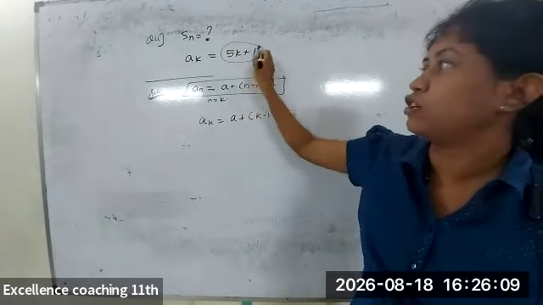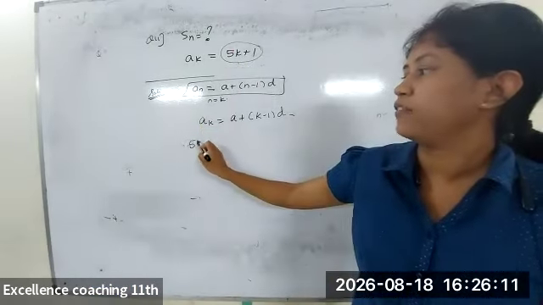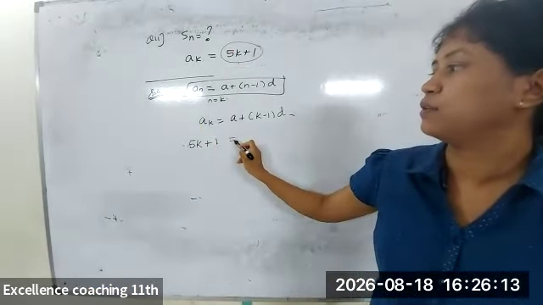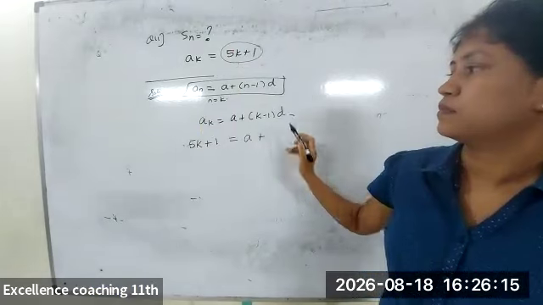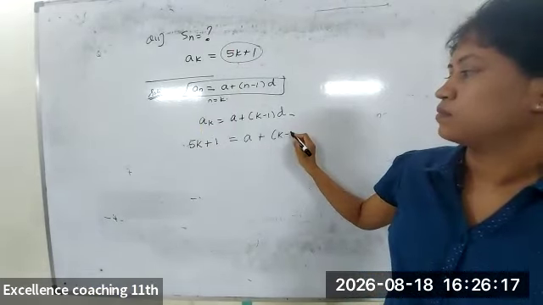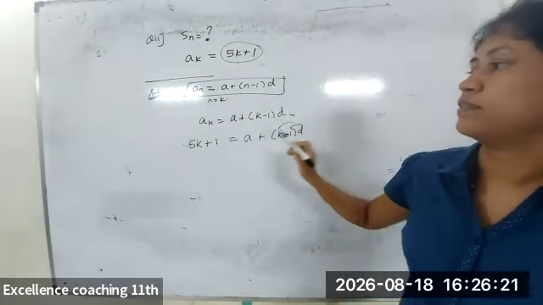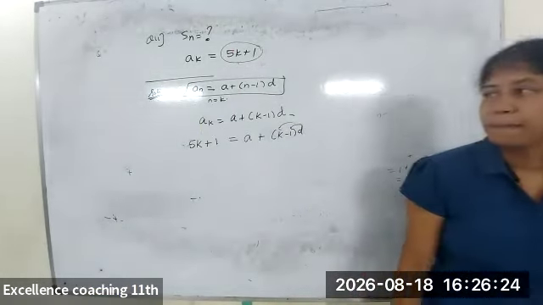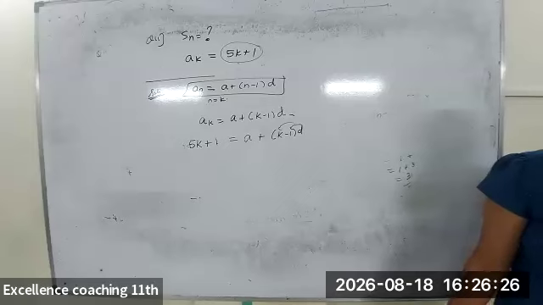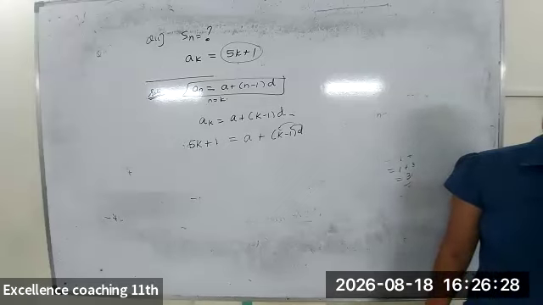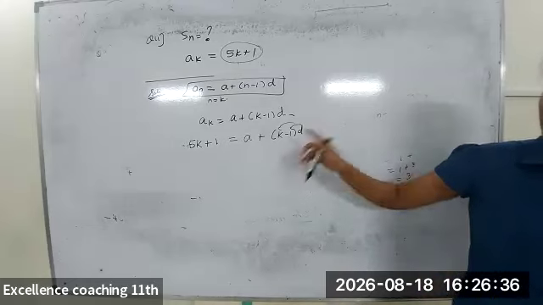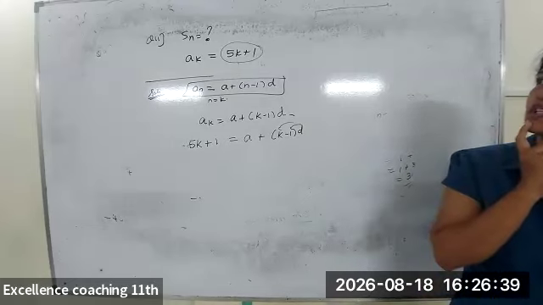So what is a_k given to you? 5k plus 1. Substitute it here. And now you can open up the bracket and simplify. Or wait, not, I think a and d again both will be unknowns, no?